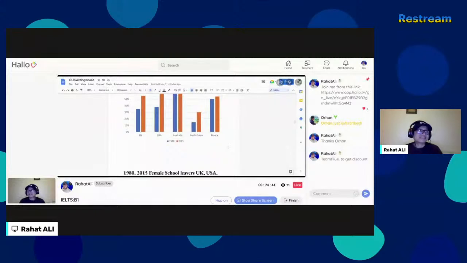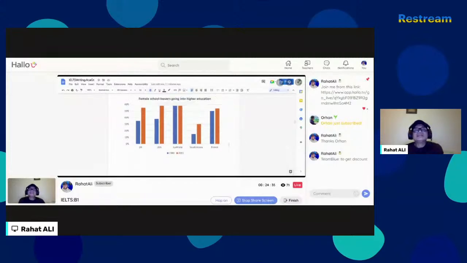In the overview section, we have to just say a few words, at least 1 to 2 sentences. This chart explains the trends of female school leavers going into higher education, where Australia had the highest trend in both of the years, but South Korea had the lowest percentage.